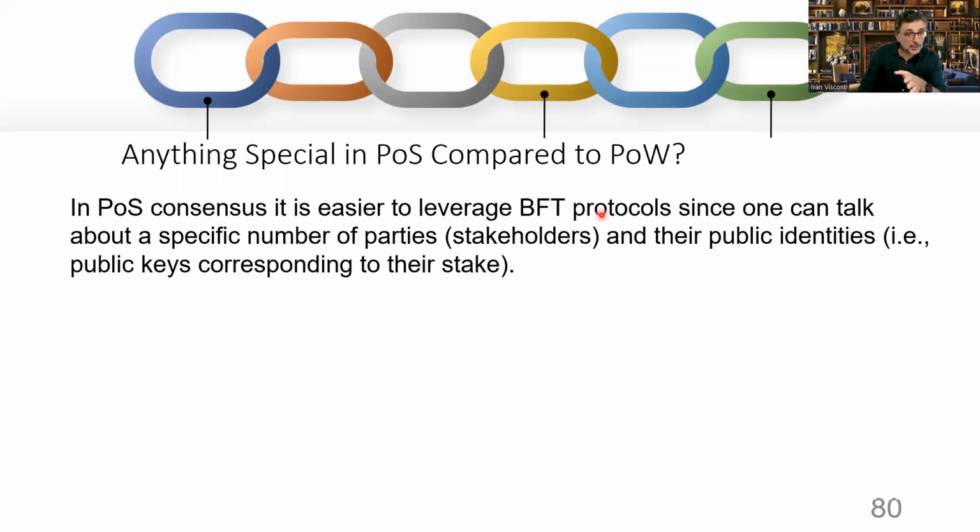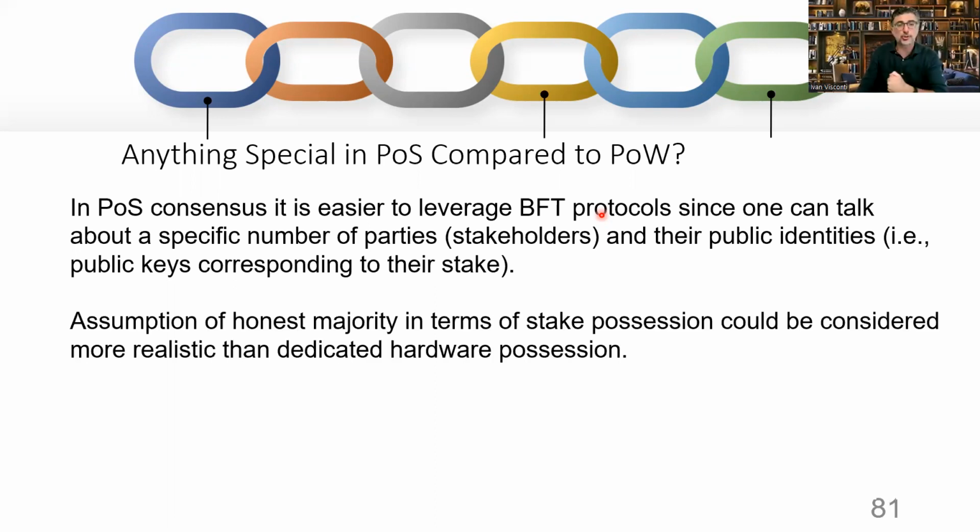And they have identities. And of course, if they have a wallet, they have a secret key. So everything is there. There are signatures for free. Everything is fixed now, right? So you can leverage the best results. The assumption on honest majority changes a lot.